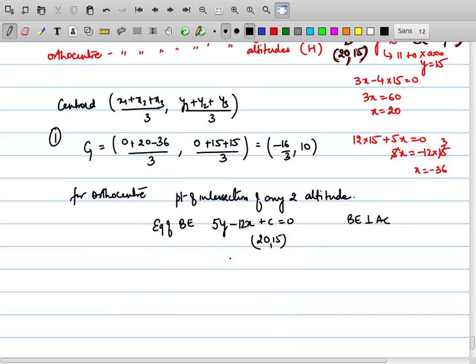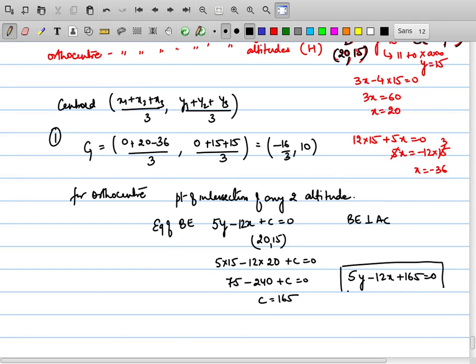So 5 into 15, minus 12 into 20 plus C is 0. So this is 75 minus 240 plus C is 0. Therefore C is 165. Therefore the equation of BE is 5y minus 12x plus 165 is 0. This is the equation of one of the altitudes.